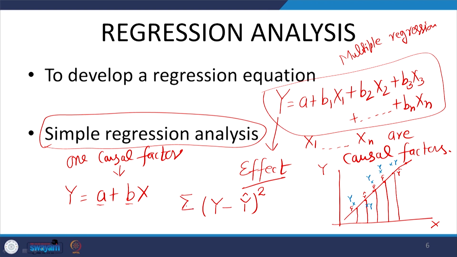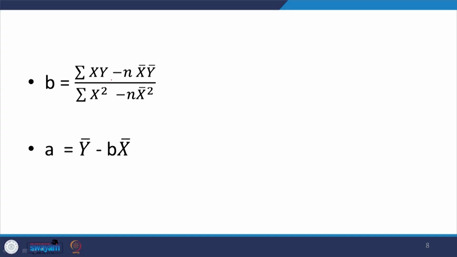We want this value to be minimum. It means our line is giving maximum closeness to the actual values, and this is how we determine the values of a and b. Therefore, this is also known as the line of least square.